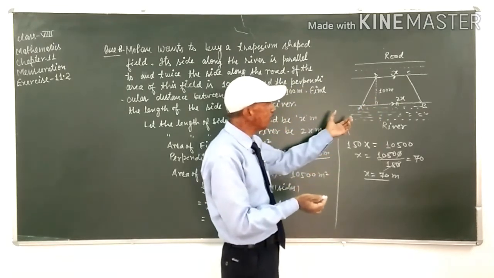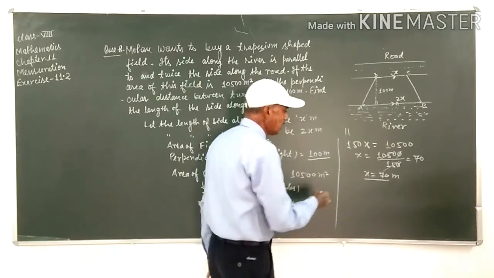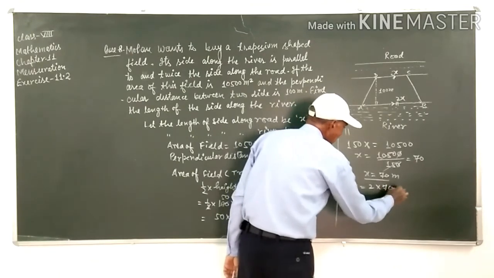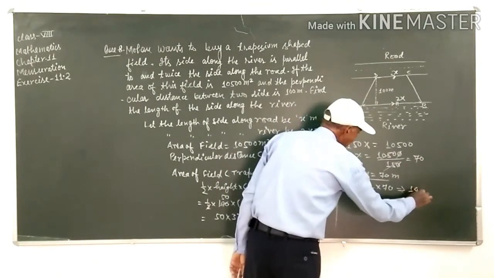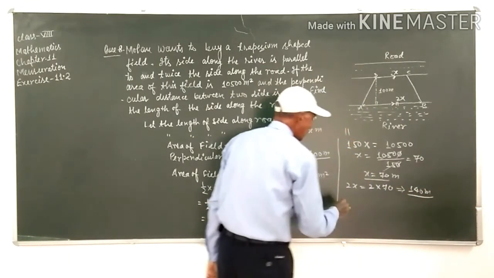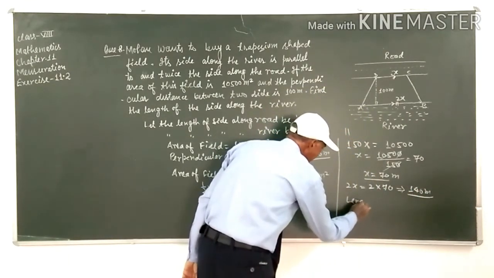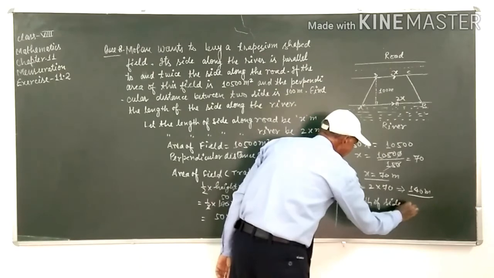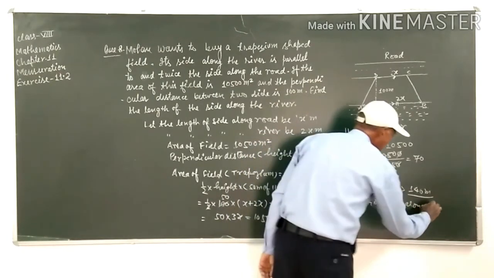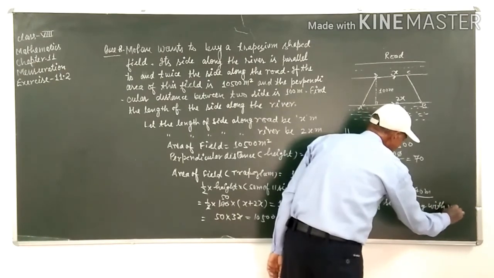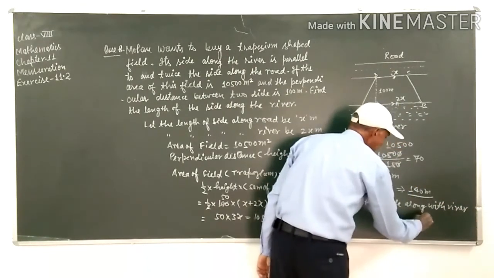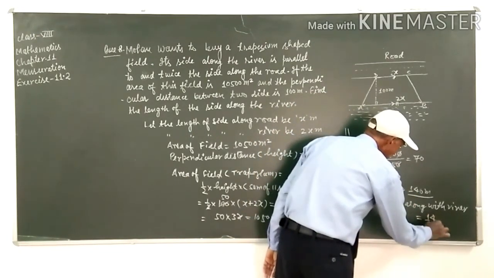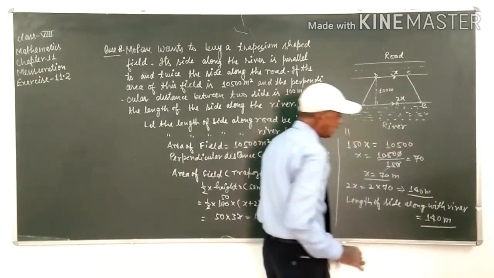The side towards the river, its length we have to find out, student. So 2x is equal to 2 into 70, that will be 140 meter. So length of side along with river will be 140 meter. This is the answer student.